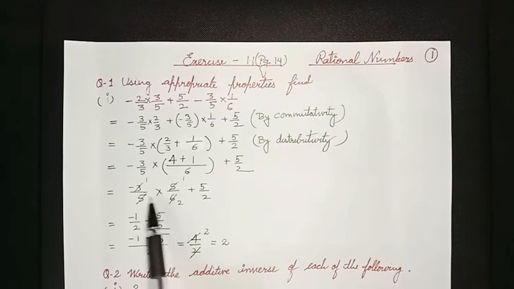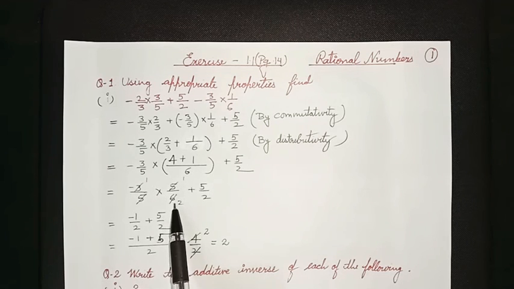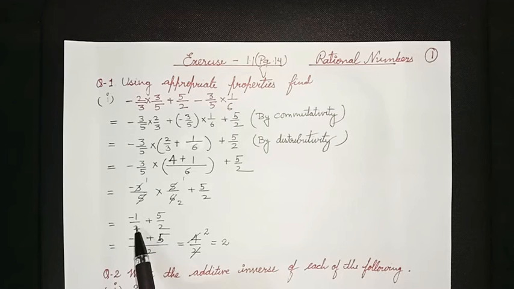Here we can simplify minus 3 by 5 into 5 by 6. 5 ones are 5, 5 ones are 5, 3 ones are 3, 3 twos are 6. What came?